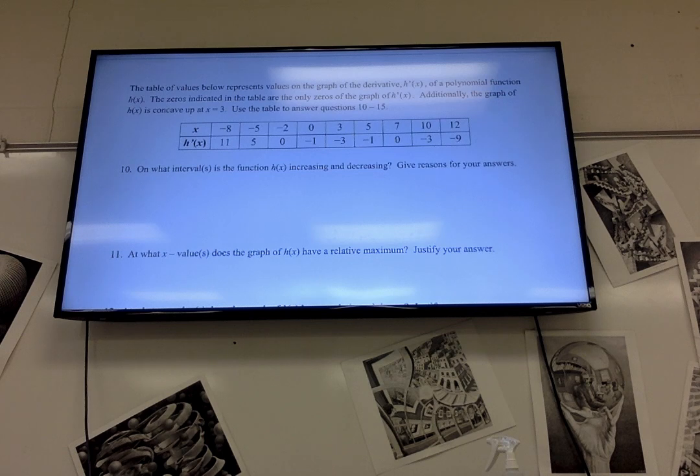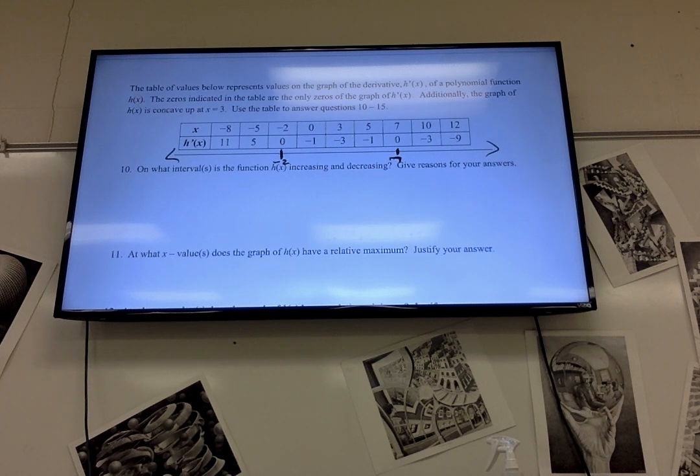I'm going to put a number line under this. So when h prime of x is equal to 0, that's at negative 2, right? But it also equals 0 at 7.